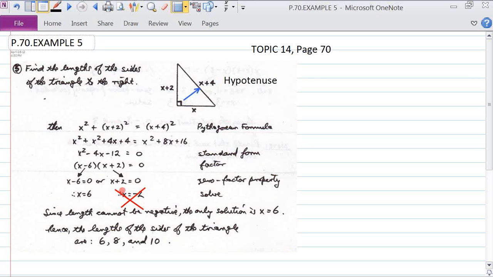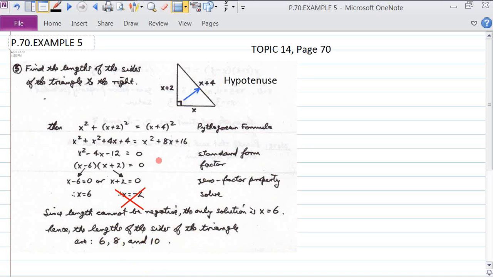You can't have a negative solution to this problem, so the only possibility is that x is 6. So x is 6, 6 plus 2 is 8, and 6 plus 4 is 10. So the three solutions are 6, 8, and 10.